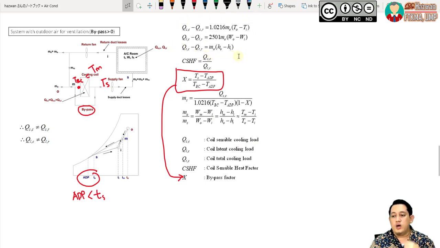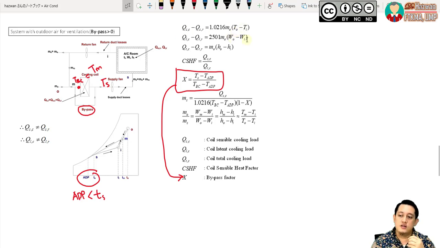The difference between the sensible heat of the cooling coil and the sensible heat of the room can be calculated using this equation, where MO here is the mass flow rate of the outside air, and TO here is the temperature of the outside air.